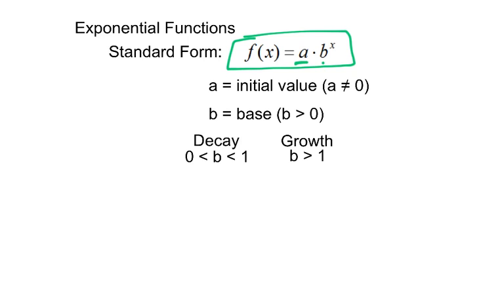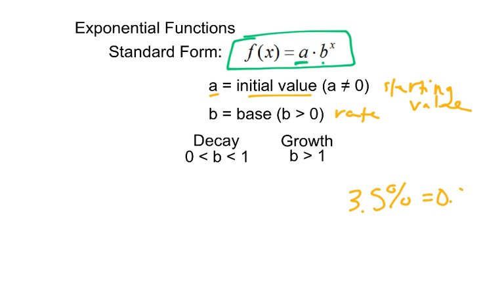In exponential functions, a is your initial value, that starting value. And b ends up being your growth rate as a decimal. So if they say that the rate of your loan is 3.5%, that equals 0.035 as the b value.